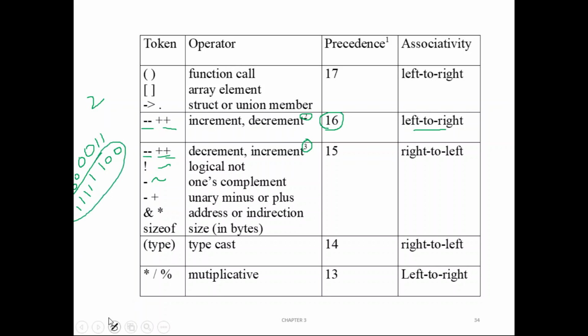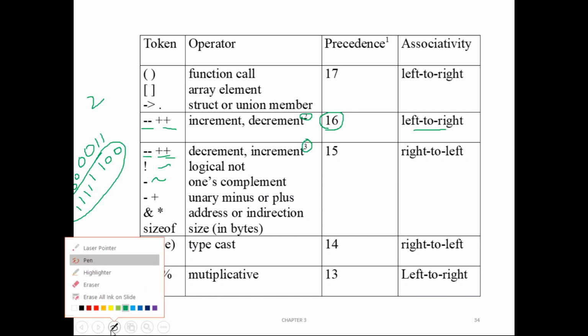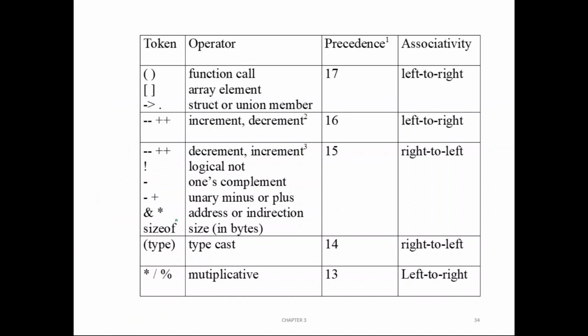So that is tilde, which is ones complement, and then unary plus and minus. Say if I'm writing an expression like this, a is equal to 3 plus minus 4, then what does it mean?